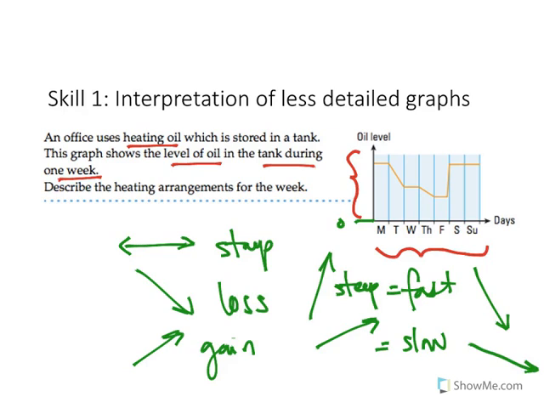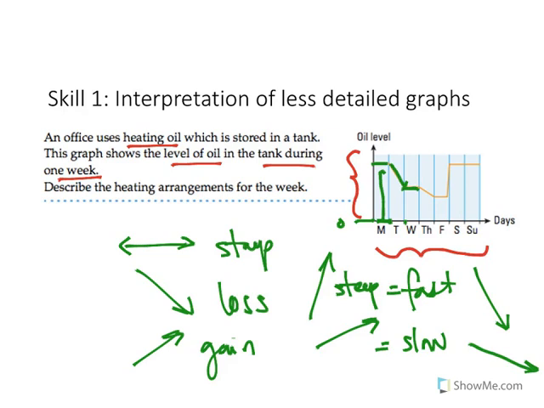Knowing this, I can look at Monday from the start and notice that the oil level stayed the same. It didn't change. Then from Monday to Tuesday the oil level dropped. Then on Wednesday, it stayed the same.